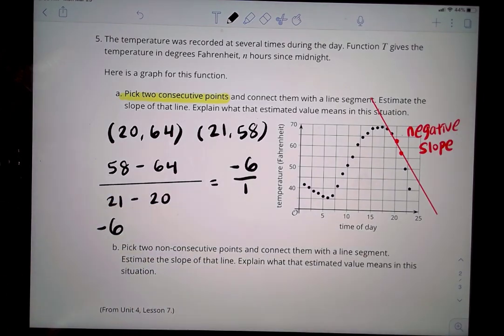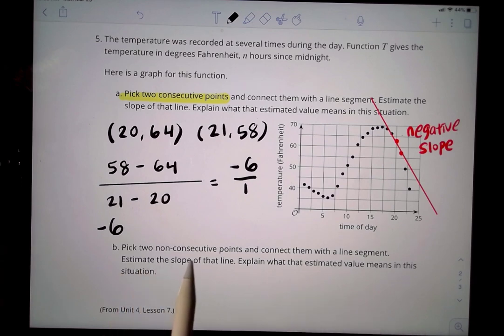Explain what that estimated value means in this situation. So from 20 to 21, the temperature dropped 6 degrees. You can say that, right? The average temperature drops about 6 degrees Fahrenheit.